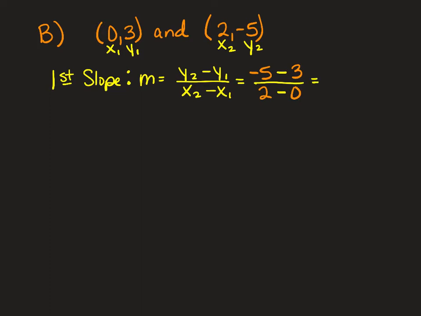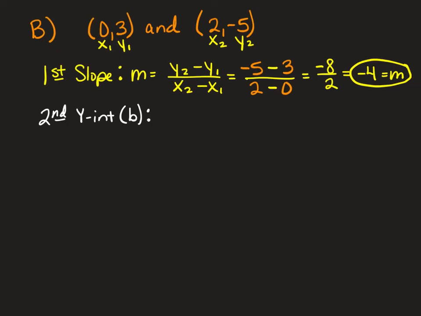Then we simplify. Negative 5 minus 3 is negative 8. 2 minus 0 is positive 2. And negative 8 divided by 2 is negative 4. So that's m, the slope. Our second step is to find the y-intercept b. We plug into y equal mx plus b.